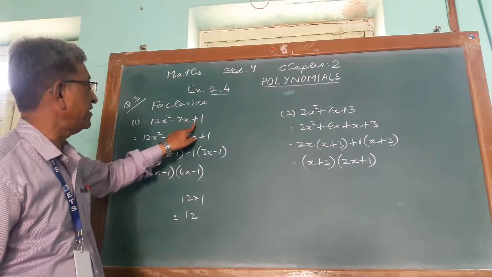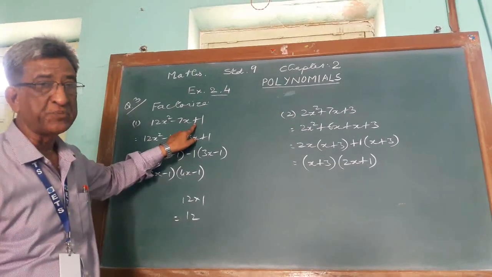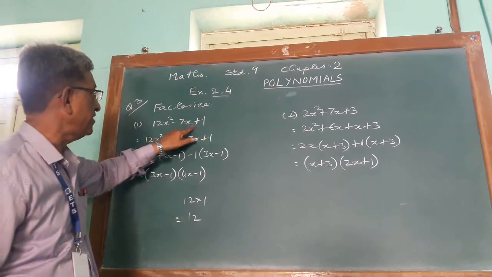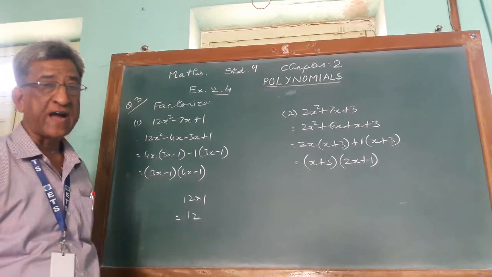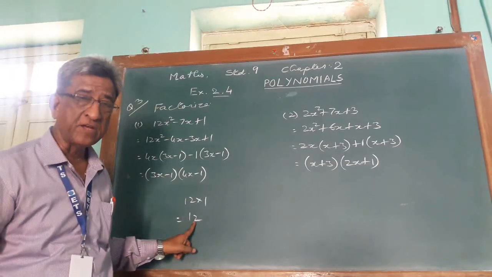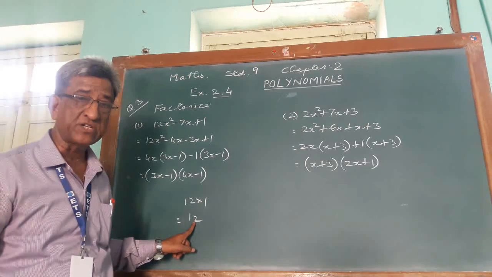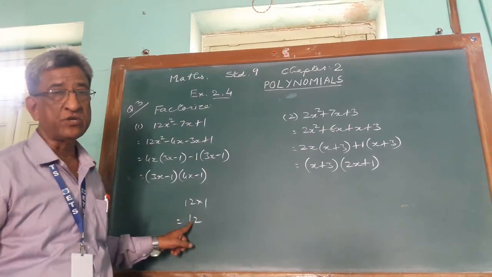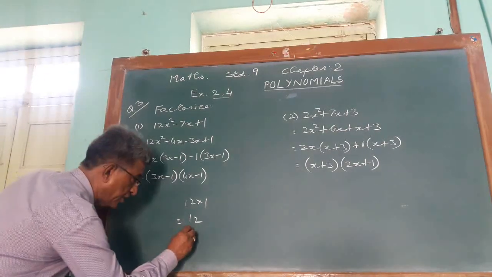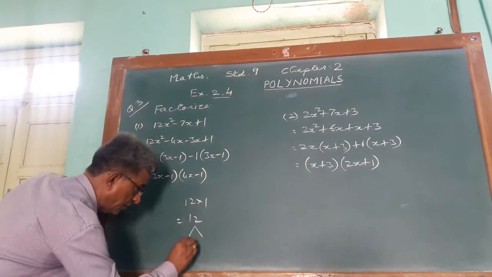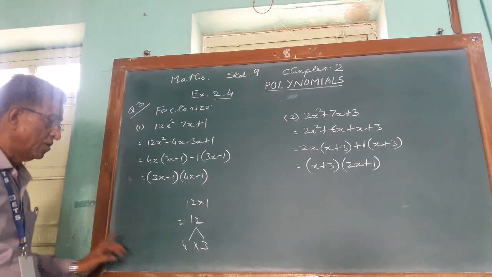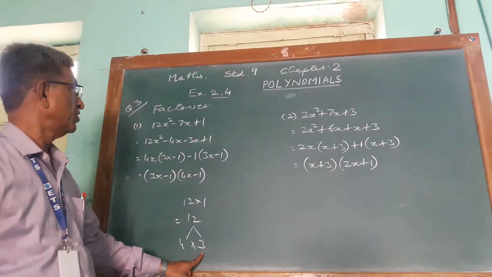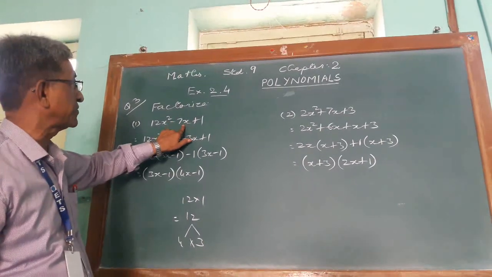And if you add, here you have to see the sign. It is plus. So if you add, you must get 7. Find the factors of 12 such that if you multiply, you must get 12, and if you add, you must get 7. So required factors will be 4 into 3. So I have split this 7x.